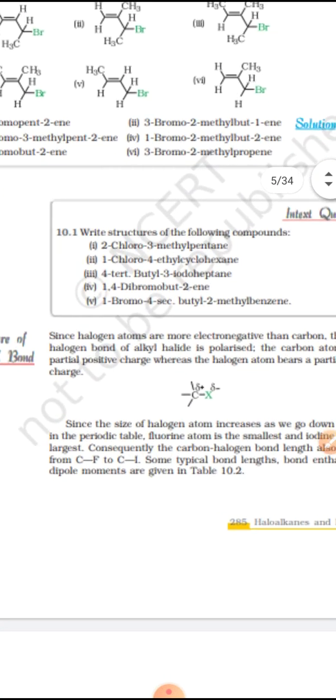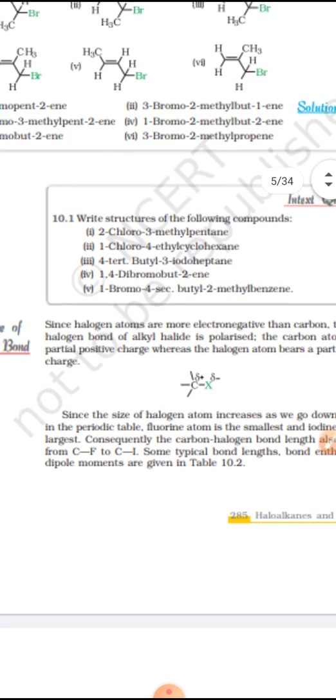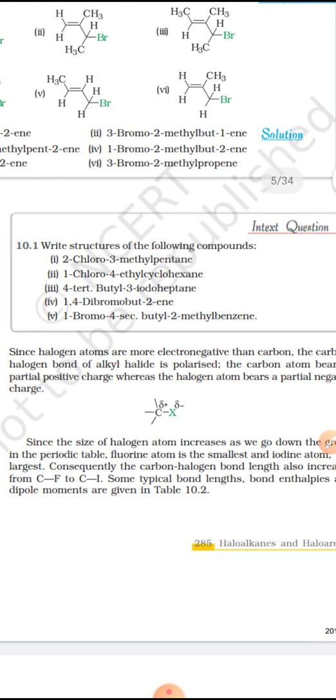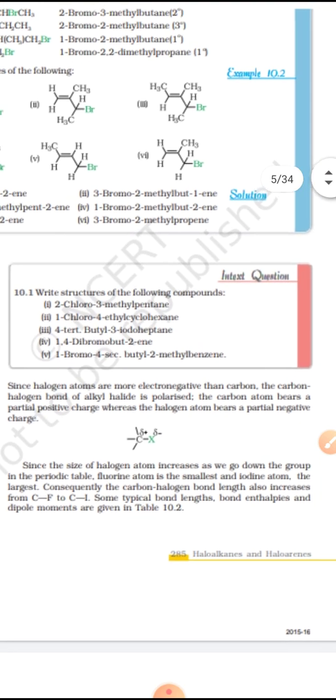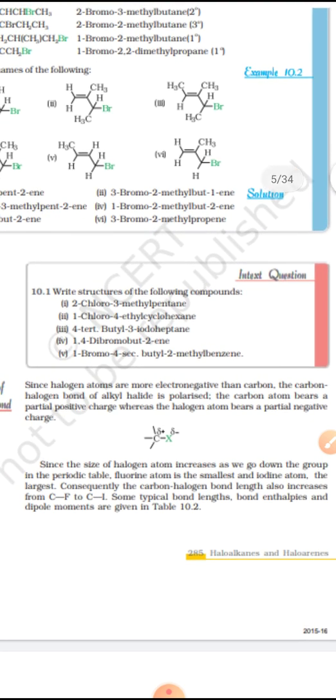Now coming to the nature of CX bond. Children, CX bond means the bond between the carbon and the halogen. As you all know, halogens are more electronegative than carbon. So when the bond between the carbon and the halogen is formed, the bond is a polar bond.